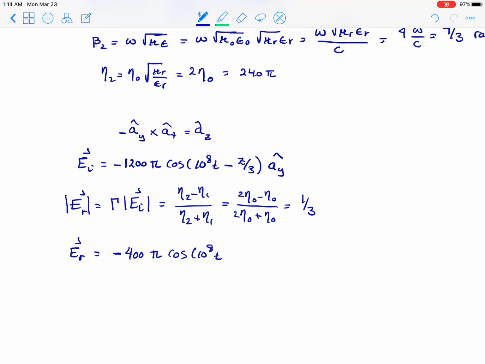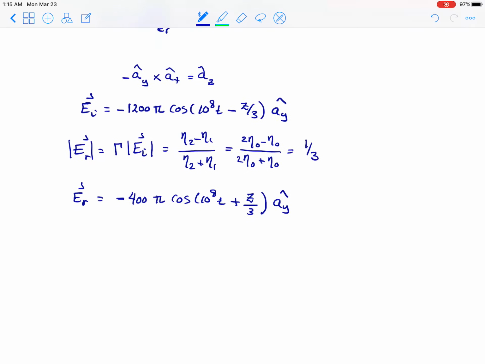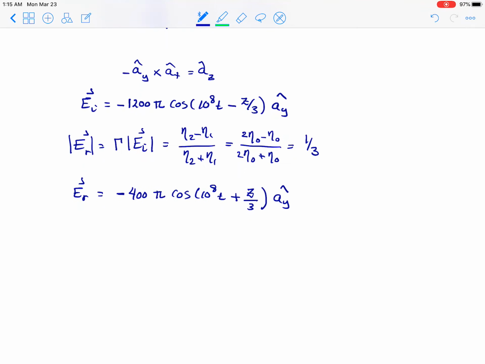Since this part is reflected back, the direction of propagation will be opposite to the direction of propagation of the incident field. So it's going to be in the positive z direction. This has to be along AY.